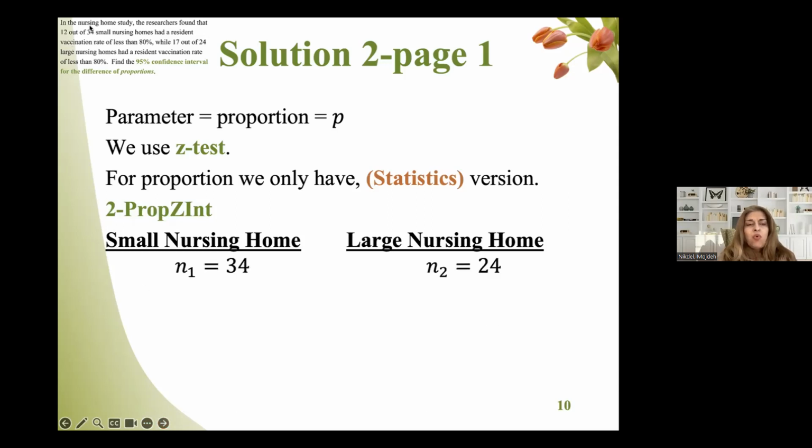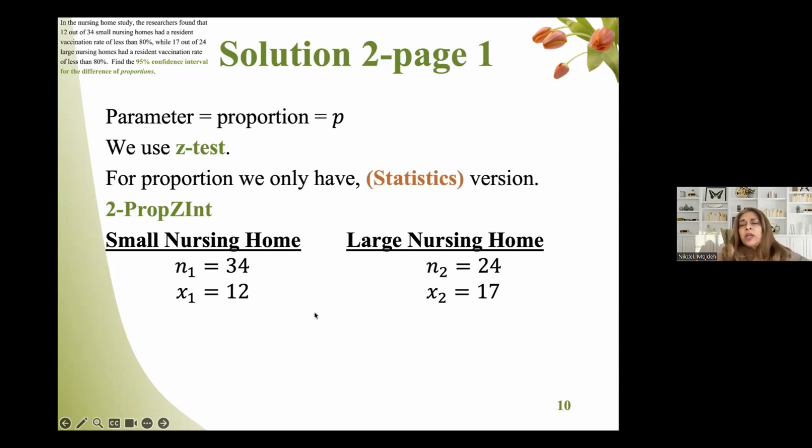So n1 for small nursing home is 34. Sample size was 34, n1, and 12 is your x1. For large nursing home, n2 was 24, and x2 was 17.